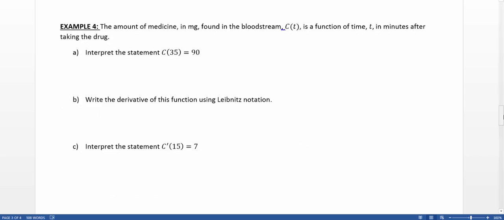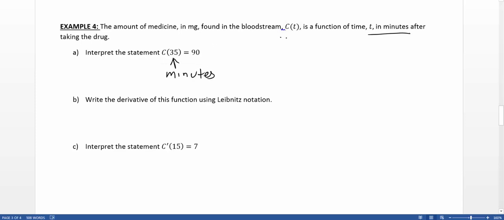Example 4. The amount of medicine in milligrams found in the bloodstream, C of t, is a function of time t in minutes after taking the drug. We want to interpret the statement C of 35 equals 90. So inside of our function is our independent units, where we said was time in minutes. So this is 35 minutes.